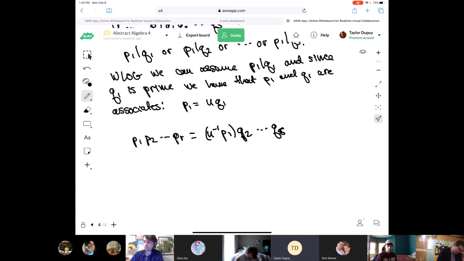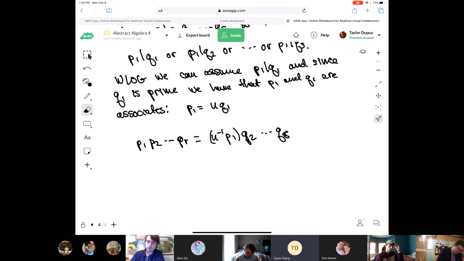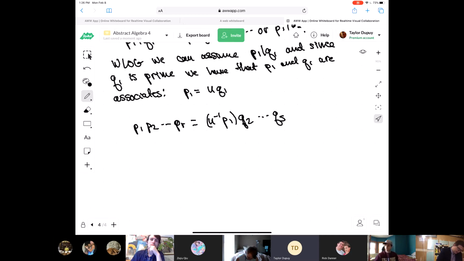We did that with S's, right? And then we get to cancel. Let me put it in blue, because we were doing this hypothesis in blue. Since it was a domain, we get to cancel those two. And so this gives us that P2 through PR is equal to U inverse Q2 up to QS. That's still a prime element because I multiplied by a unit.